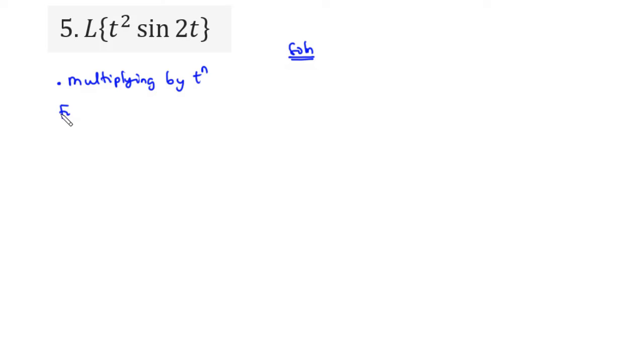Now, for the Laplace transform of the function t to the power n times f of t, the Laplace transform is given by -1 to the power n times d to the power n over ds to the power n of F of s.